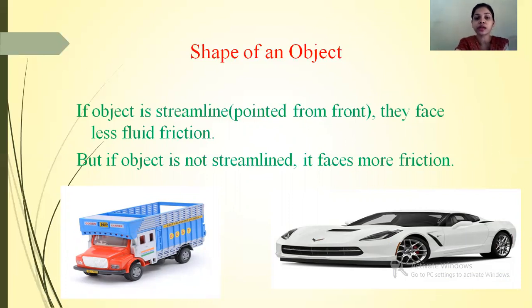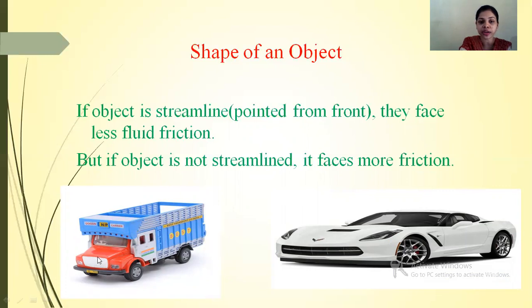Okay, but if the object is not streamlined, then it faces more friction, like the truck and the car. The shape of the truck is rectangular. It's not a streamlined body.